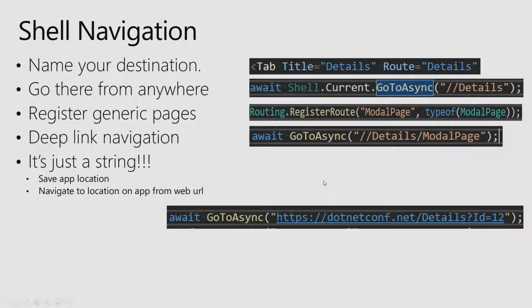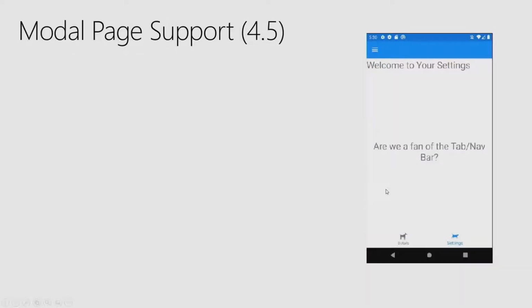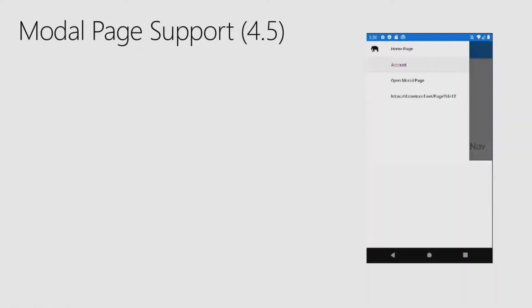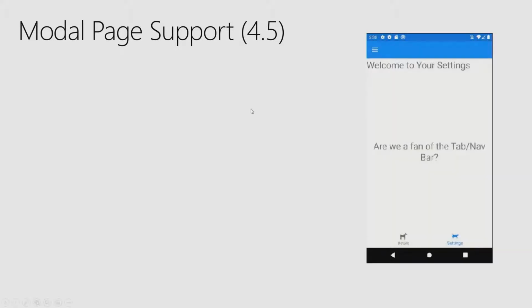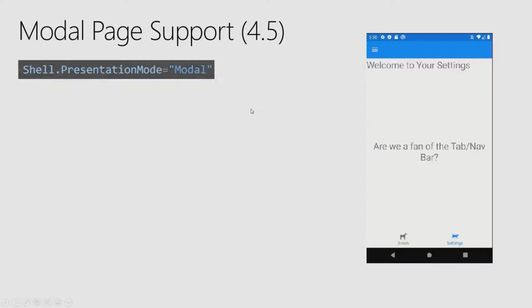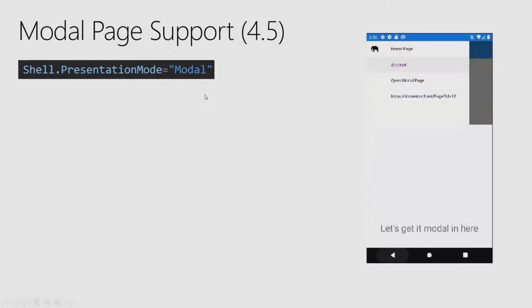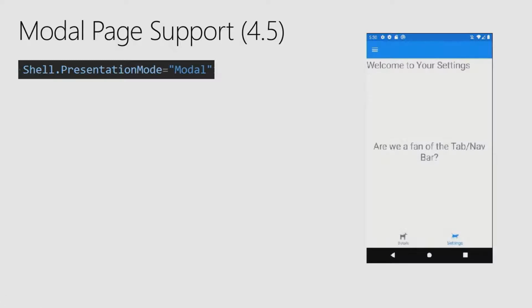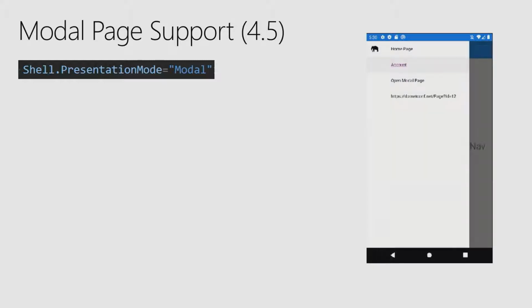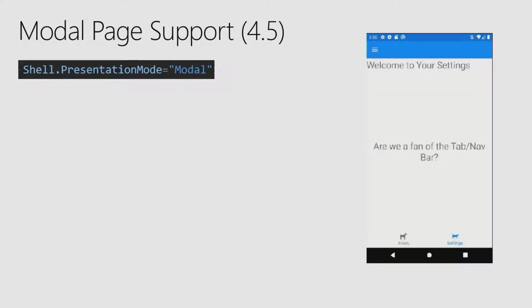It's really neat. If you've been using Shell, maybe you haven't seen this, but we recently added modal pages to Shell. All you really have to do is, on the content page, the page that you want to act like a modal page, you basically just say presentation mode modal. And then anytime that page is navigated to, it's done modally.